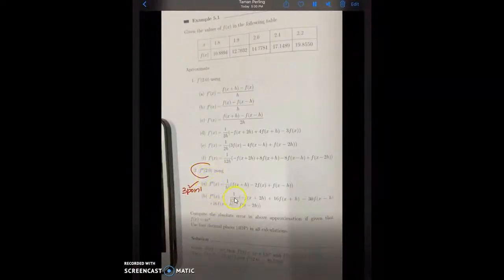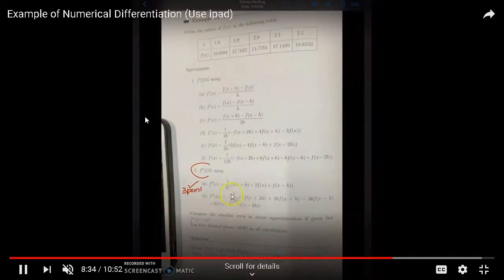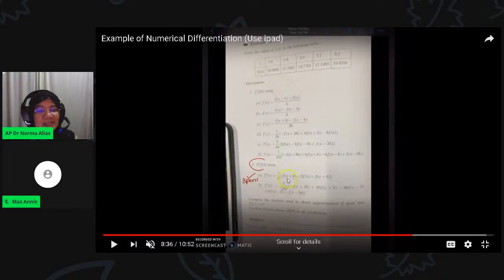Now, when we go to the second order derivative, before we start, I want to ask Shakila and Anis, why do we need to find the second order derivative? Why do we need f prime prime?